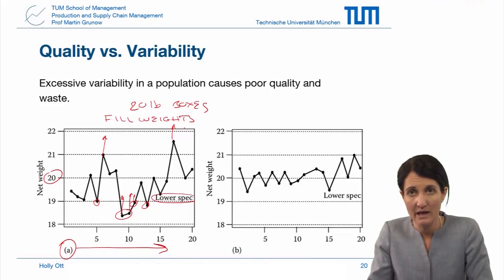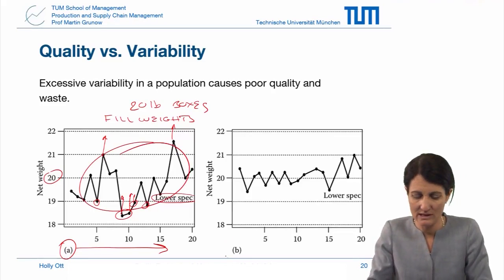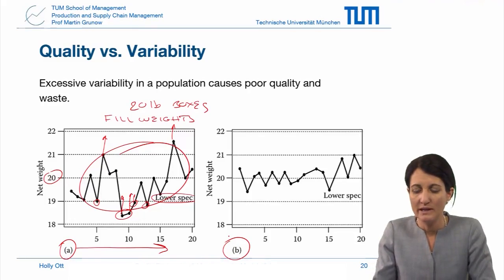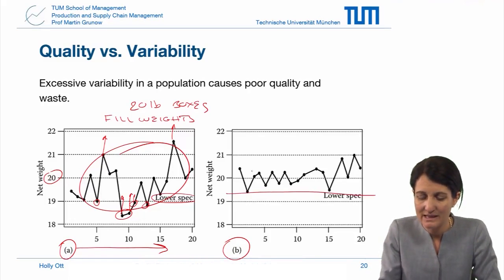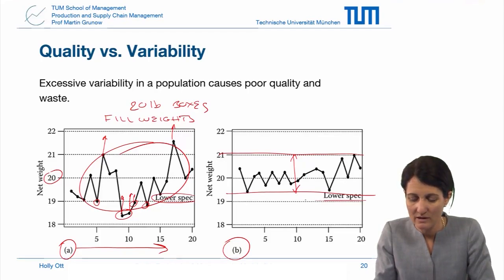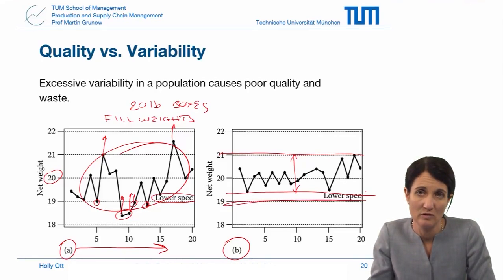But if, on the other hand, this variability can be reduced, as we see here in the production line B, then we can have a consistent filling of our boxes that is above this lower specification limit and doesn't cause boxes that are too full.